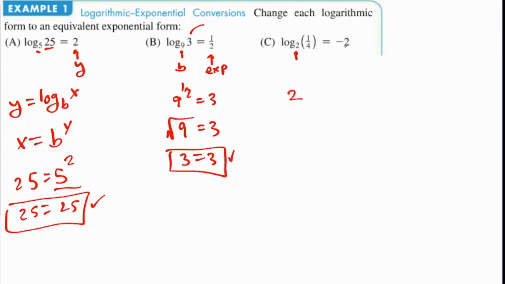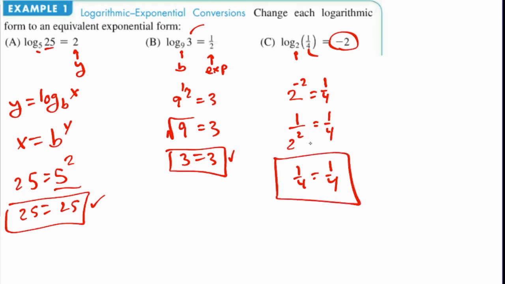We have a base of 2. y is our exponent, and our argument is our answer here. A negative exponent means reciprocal, and we see this balances out. And we do all of this so that we can then start to solve logarithms with some unknown arguments.